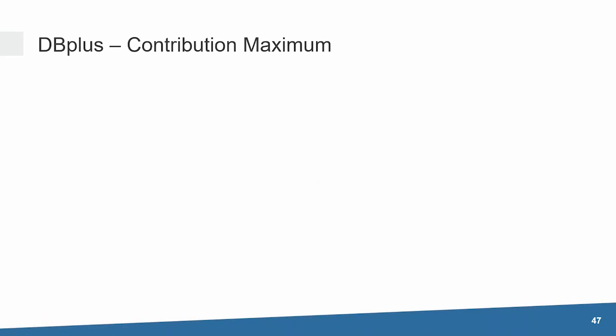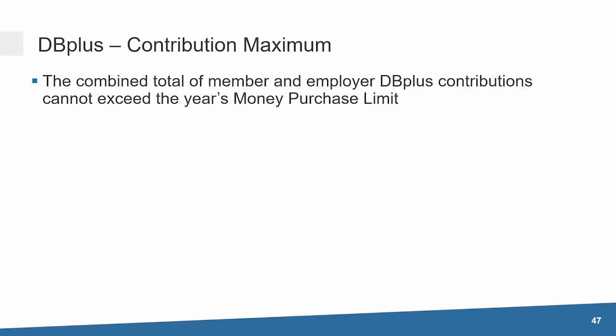Please note the following regarding the contribution maximums for DBplus members. The combined total of member and employer DBplus contributions cannot exceed the year's money purchase limit, $27,830 in 2020.